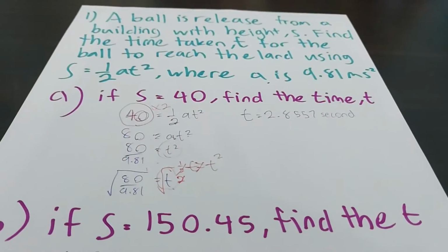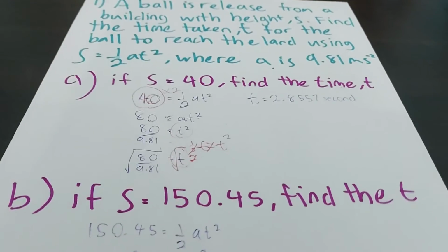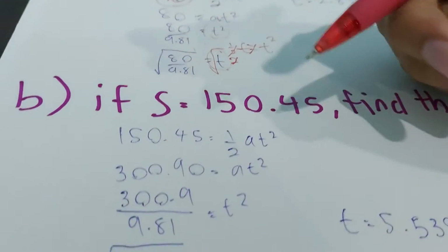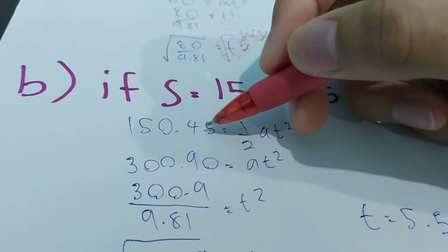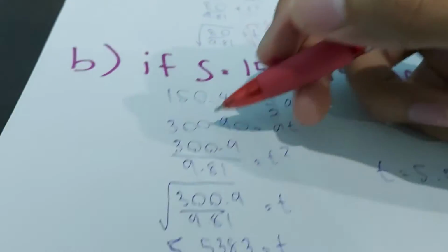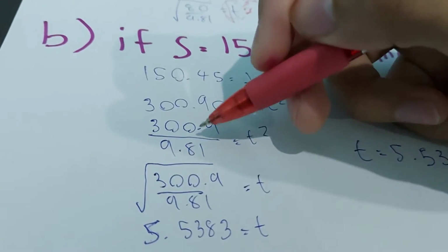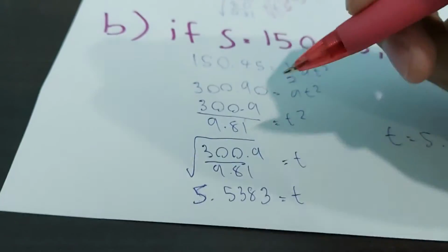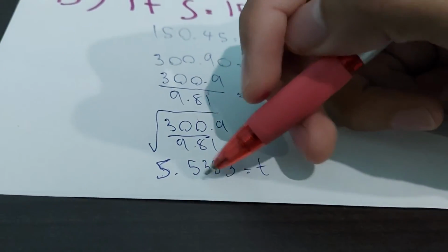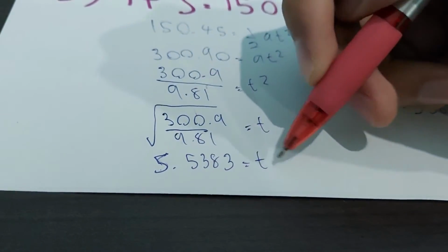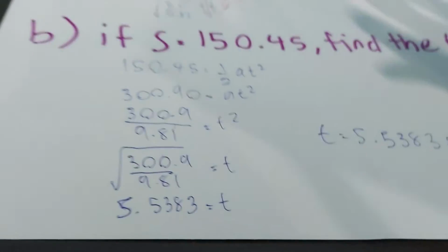For question B, it's just the same as A actually. Plug in S equal to 150.45, times 2, and then divide by a, which is 9.81, equal to T squared. Take the square root of this number, and we get T equal to 5.5383 seconds.